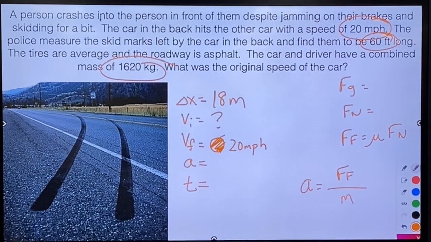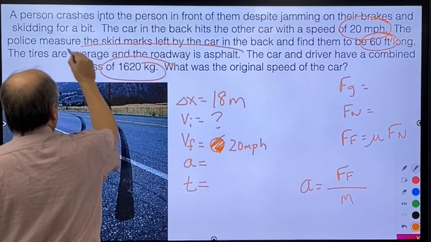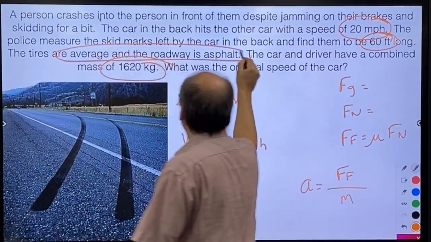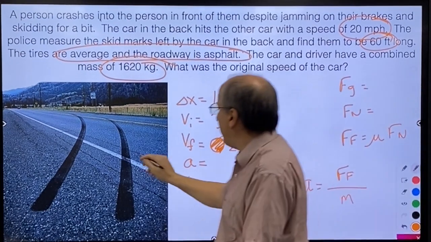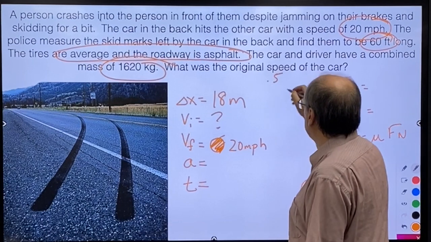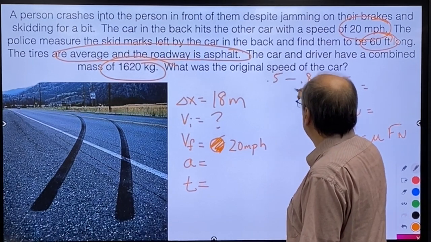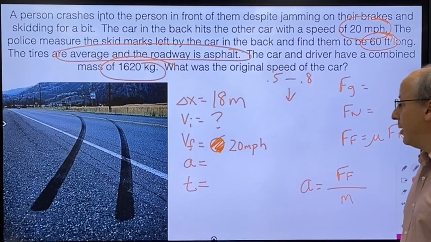And it does not tell us exactly what we're doing here, but it says we have average tires and dry roadway, so you're going to assume the average coefficient of friction. The worst would be 0.5, the best would be 0.8. You want to use a coefficient right in the middle of those two.